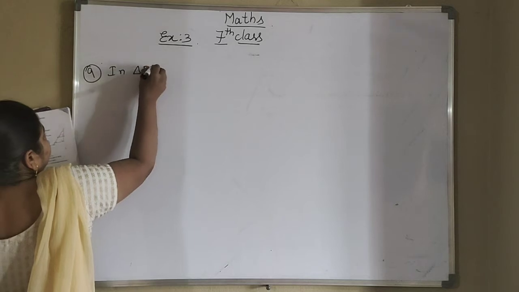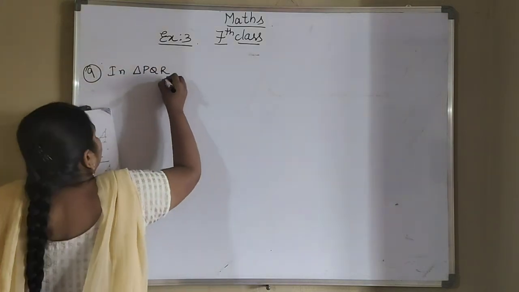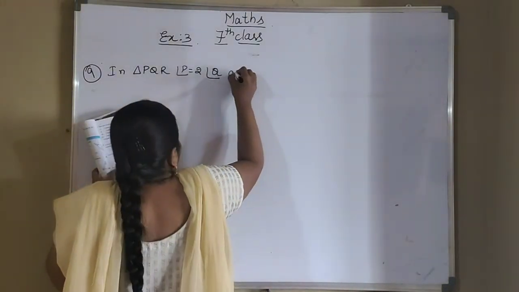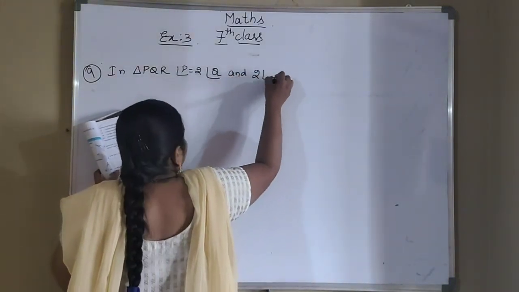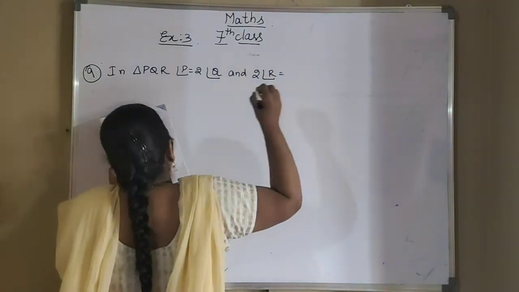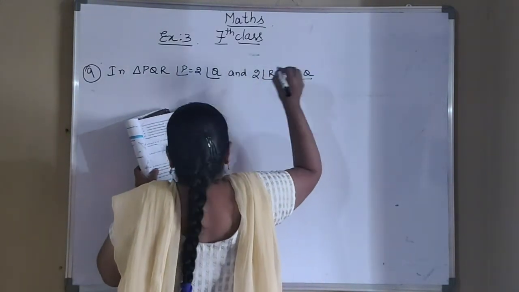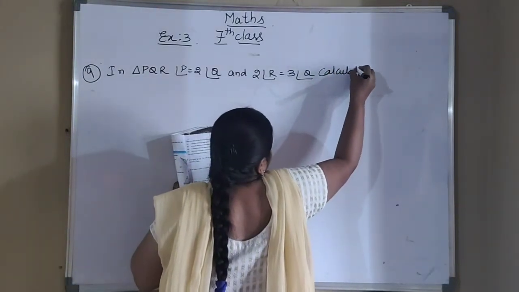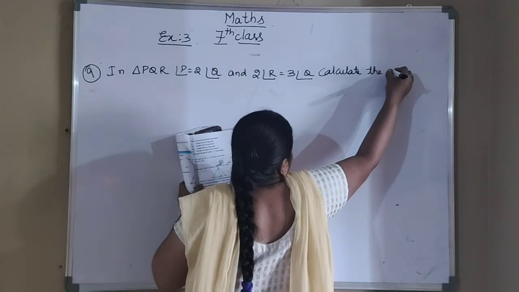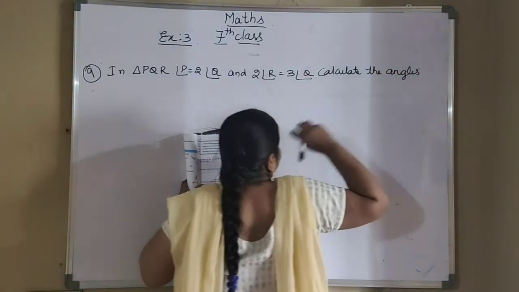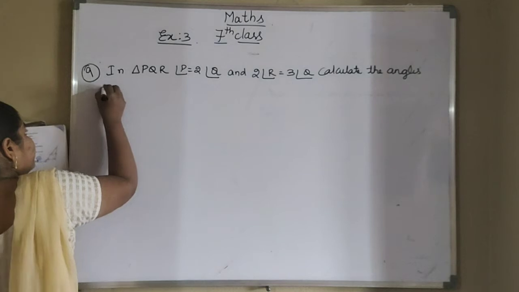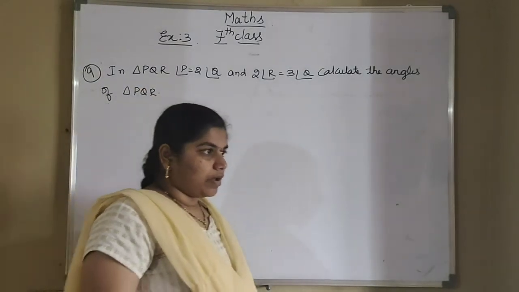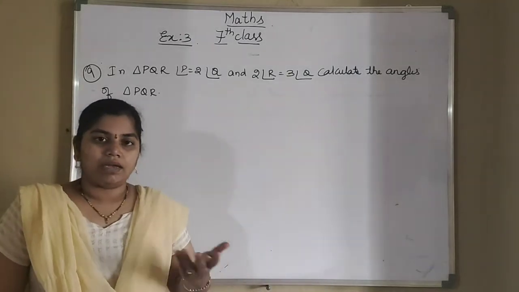In triangle PQR, angle P is equal to 2 angle Q and 2 angle R is equal to 3 angle Q. So calculate the angles of triangle PQR. So that means we have to find what is the value of angle P, angle Q and also angle R here.